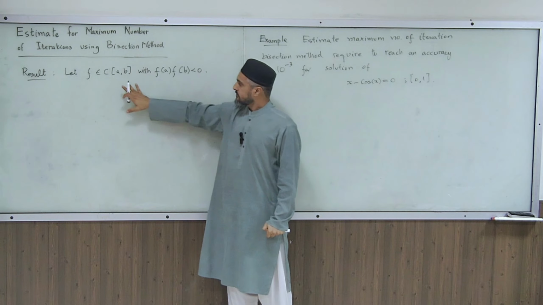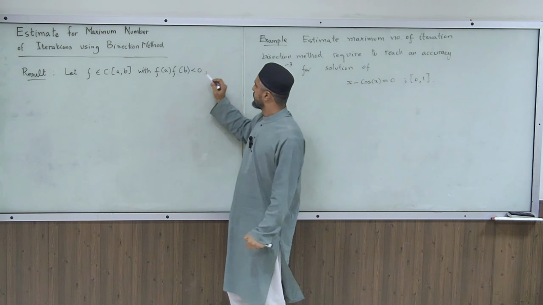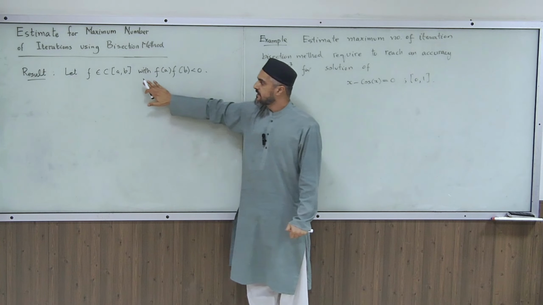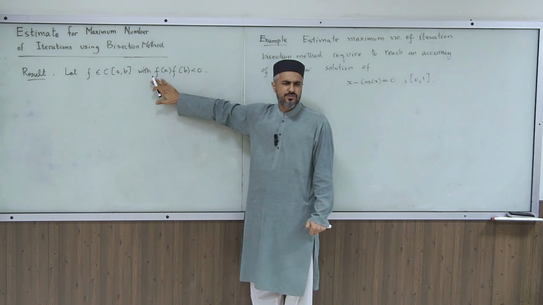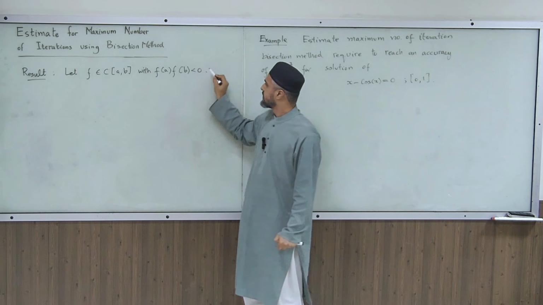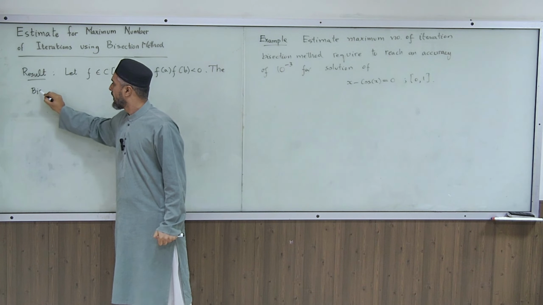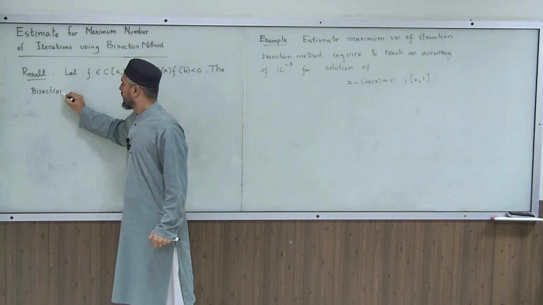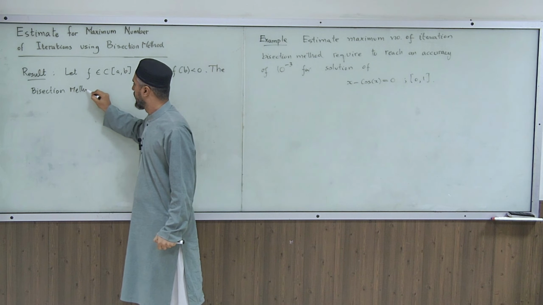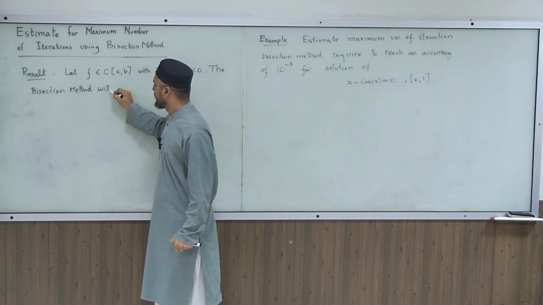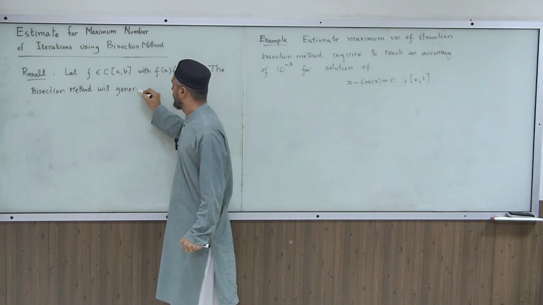So if these two conditions hold, we are sure that the solution lies in that interval. So the bisection method will generate a sequence.